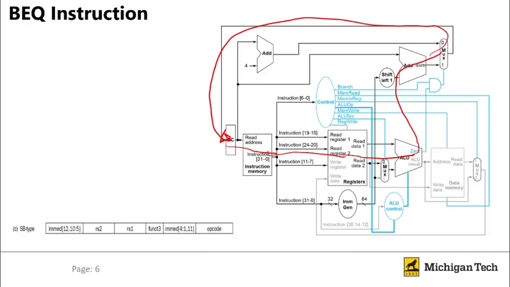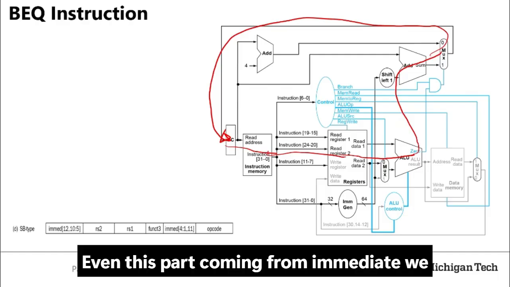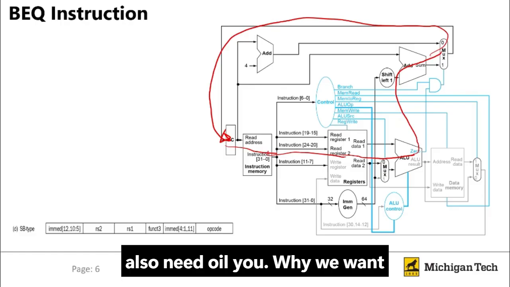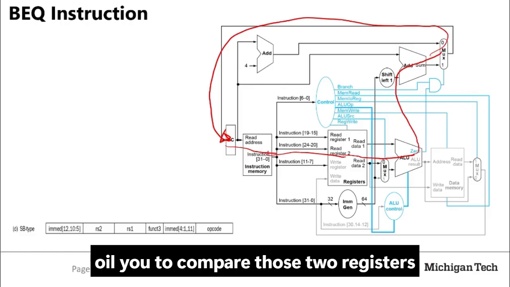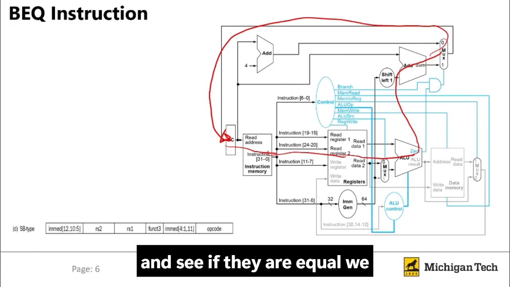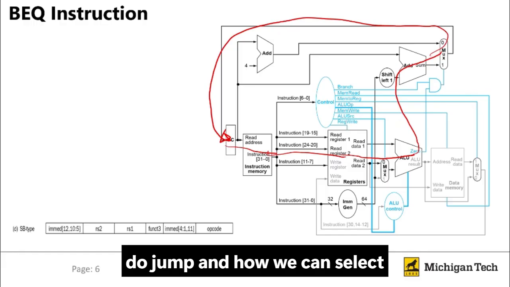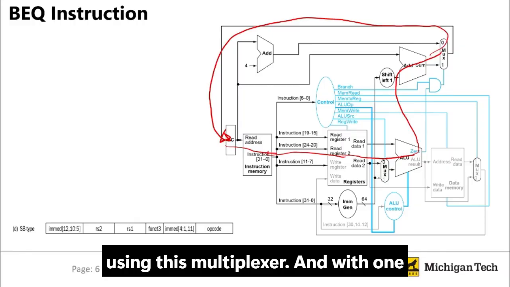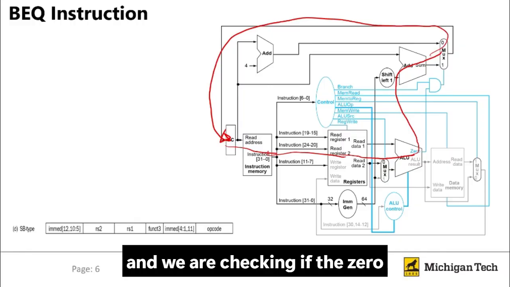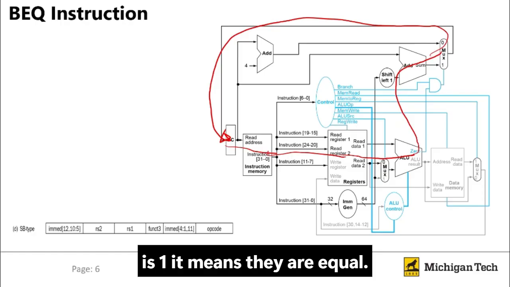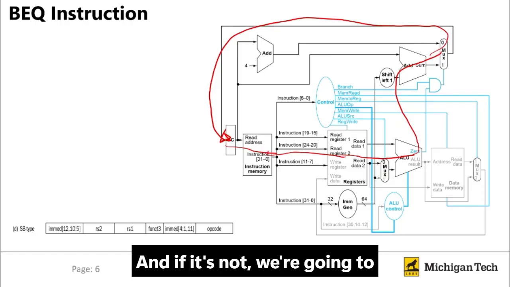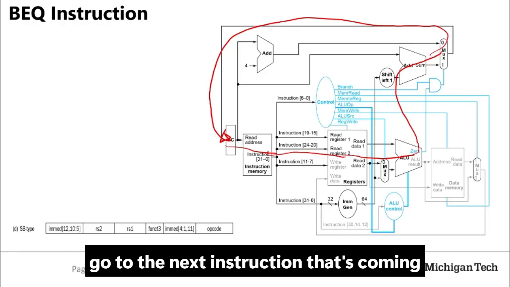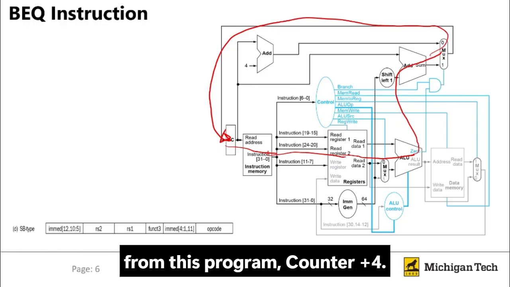This is the path the data takes. Even this part coming from the immediate, we also need the ALU. Why do we want the ALU? To compare those two registers to see if they are equal. If so, we do the jump; if not, we don't. We select whether we jump or not using this multiplexer, and with one AND we check whether the zero output is 1, meaning they are equal. If not, we go to the next instruction coming from program counter plus 4.